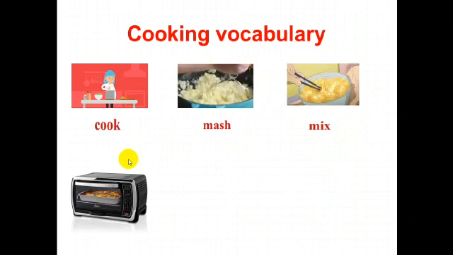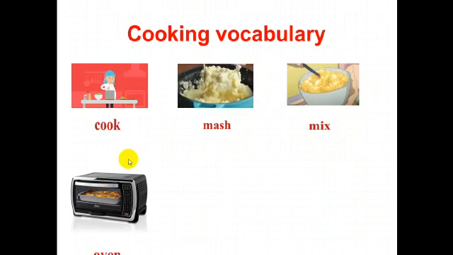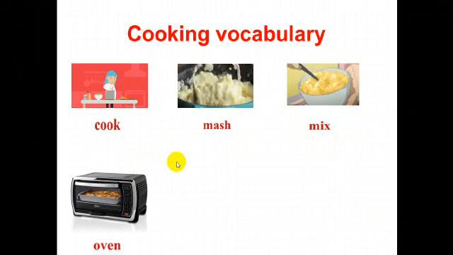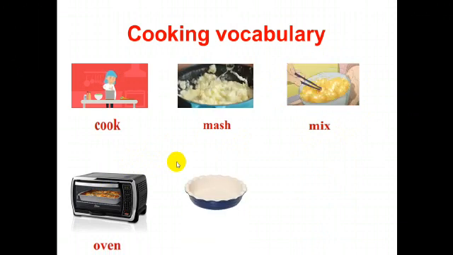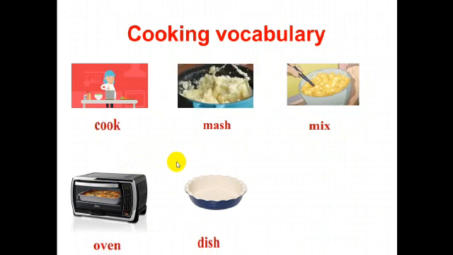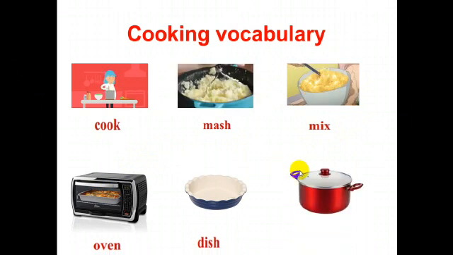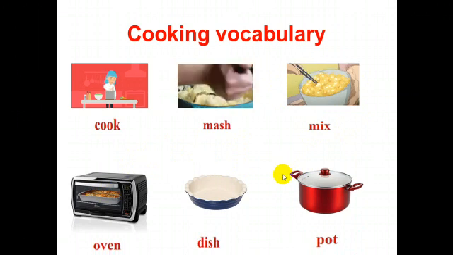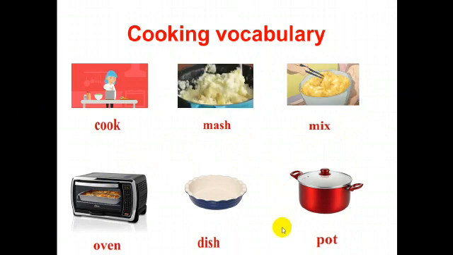Now, what's this? Oven. Okay, oven. We need an oven to cook, to make pizza. Dish. Put. Yes, we have here nouns: oven, dish, and put.